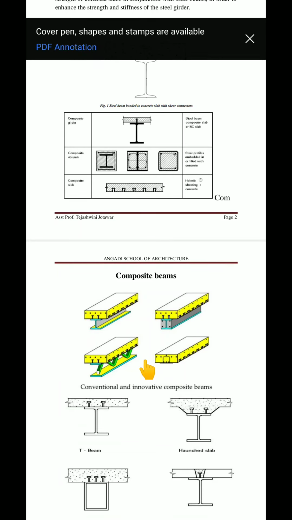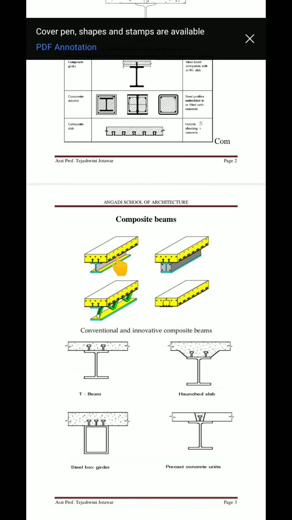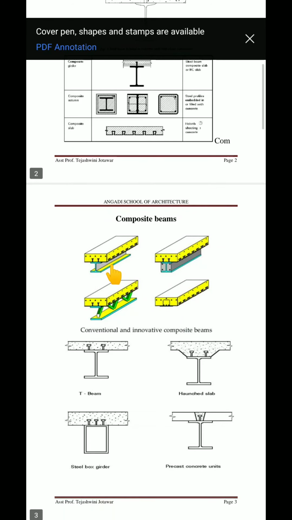These are a few examples of composite beams. You can see here a rolled I-section connected to the concrete slab with shear connectors, and a profile sheeting is also provided.